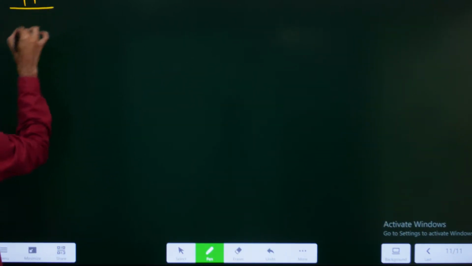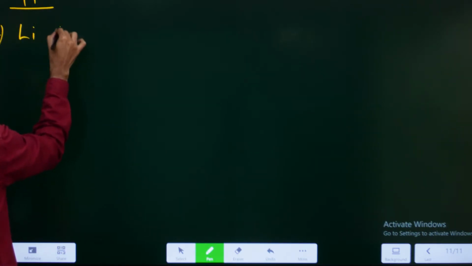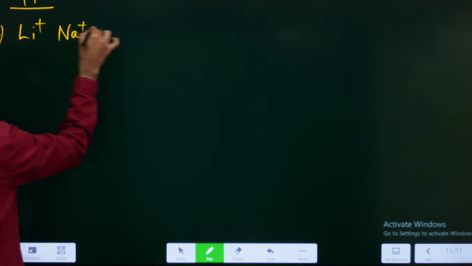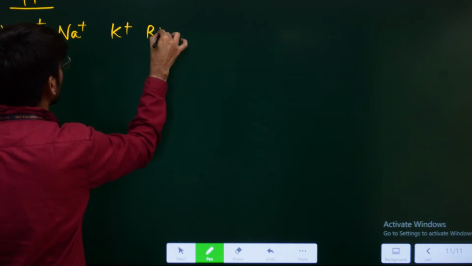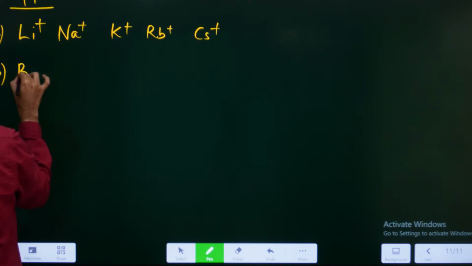Very quickly then. Polarizing power. Please arrange the following cations in the increasing order of polarizing power.